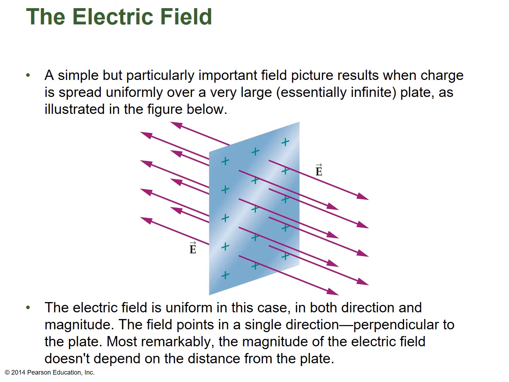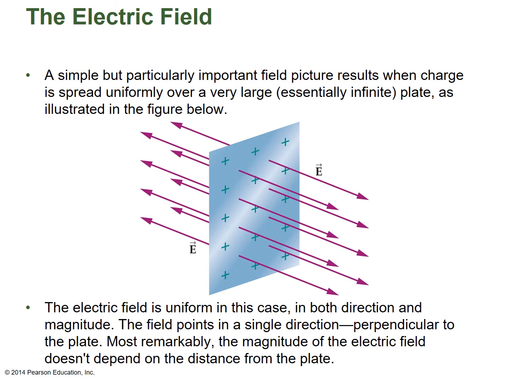If we have such an infinite plate and you want to find the electric field around it, as you see the electric field lines are pointing outward from the plate, and the magnitude of the electric field around this plate is uniform and constant. Its magnitude will be the surface charge density sigma over 2 epsilon naught, where epsilon naught is the permittivity of free space, and sigma is the surface charge density.